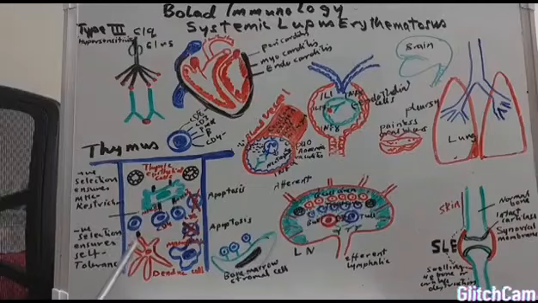If they recognize the self-antigen as self, in association with self major histocompatibility, they will be saved. But if they fail to recognize the self-antigens, they will be killed by apoptosis, and this is known as negative selection.